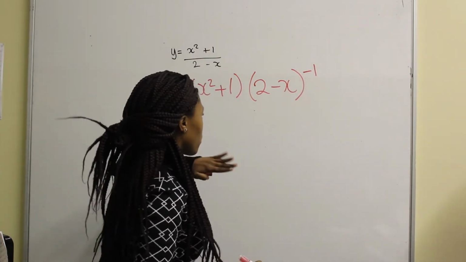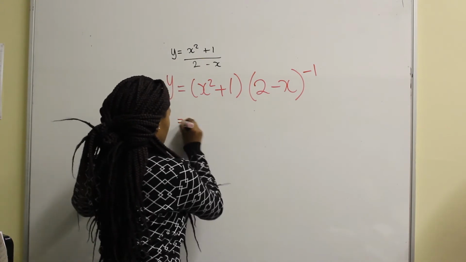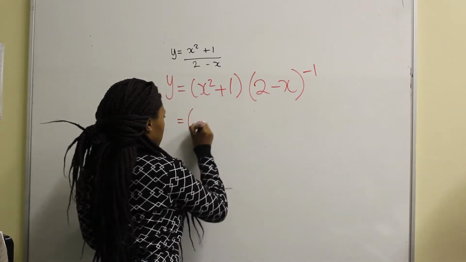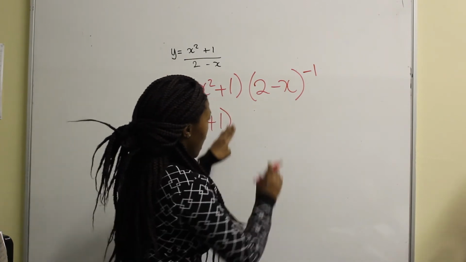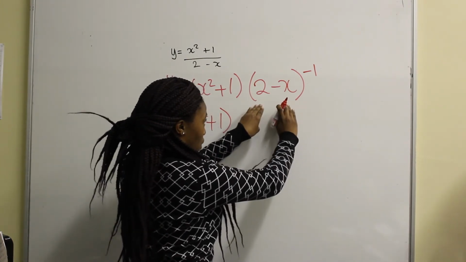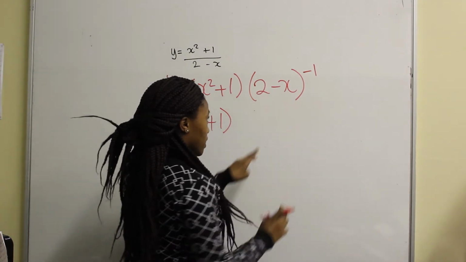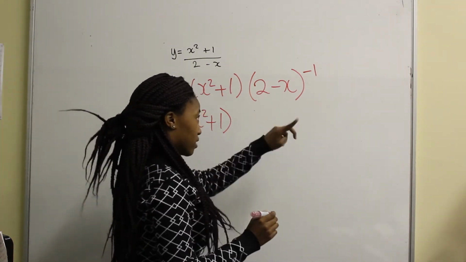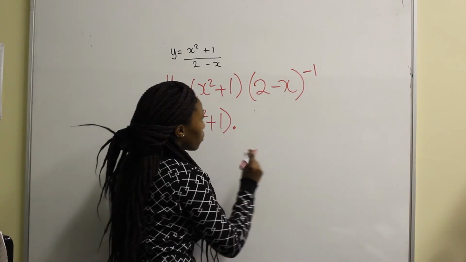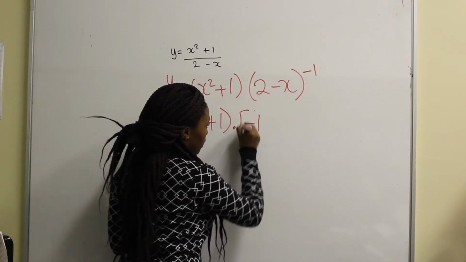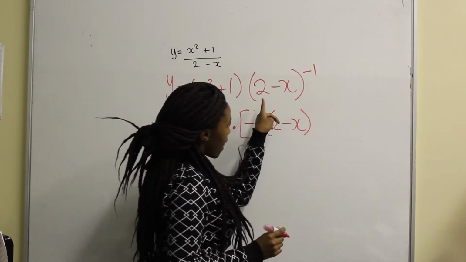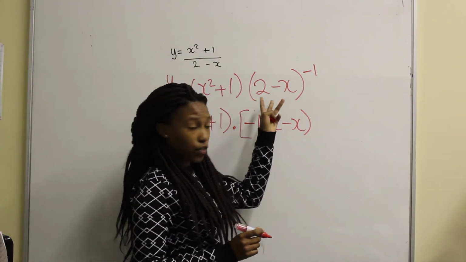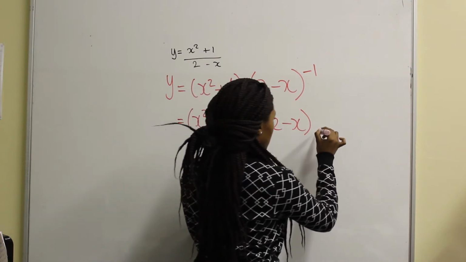So with the product rule, you always keep the first, x squared plus 1, right? Find the derivative of the second one, and this is where we use that nice rule. So -1, 2 minus x, and then we find the derivative of the bracket inside.